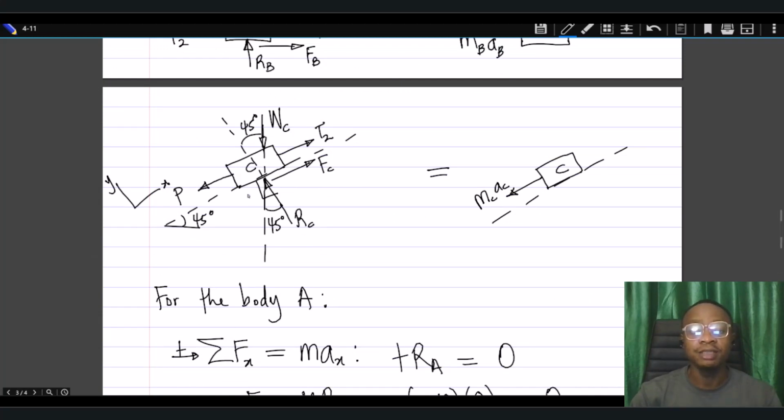RC is perpendicular, so there's no component there, but WC is not perpendicular to the surface. So it's going to have a component, obviously, if we extended this way and projected this parallel to that inclined surface, and that will be given by WC sine 45 degrees. This one here will be sine 45. This is cos 45 degrees.